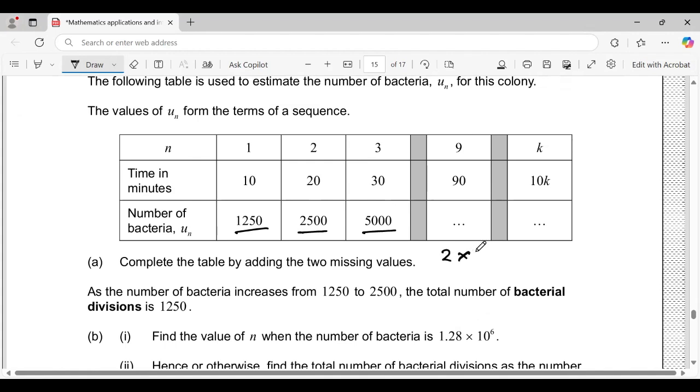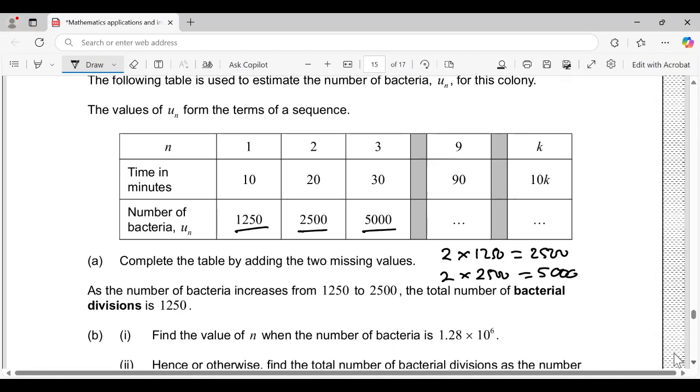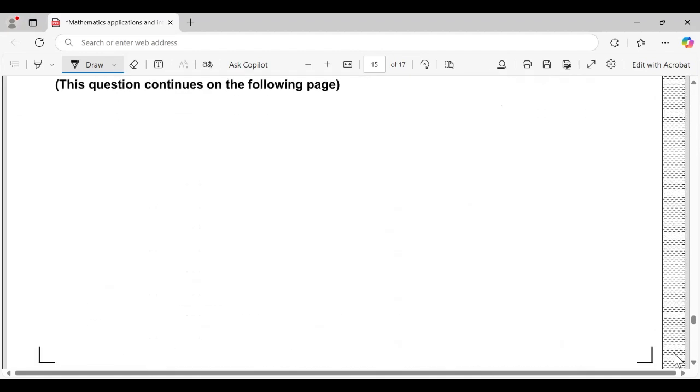So 2 times 1,250 equals 2,500, and 2 times 2,500 equals 5,000. That's the pattern. So this means the bacteria are doubling every 10 minutes.